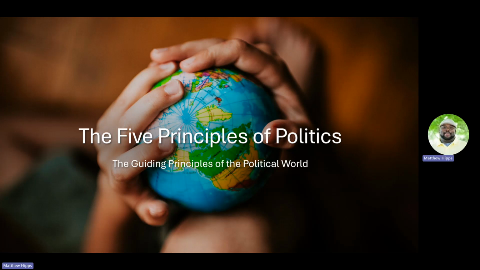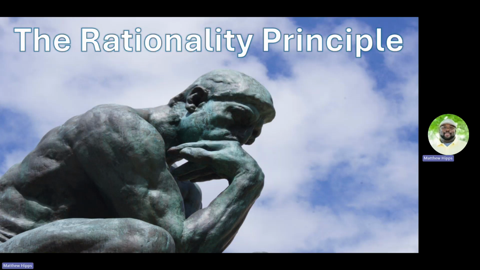All right, so now let's jump to the five principles of politics. The first principle is something called the rationality principle. The rationality principle simply says political actors, from voters to elected officials, are all goal-oriented, meaning the decisions that they make are typically intentional.